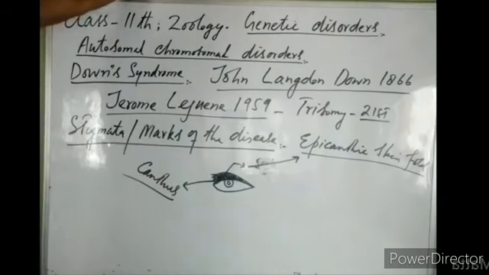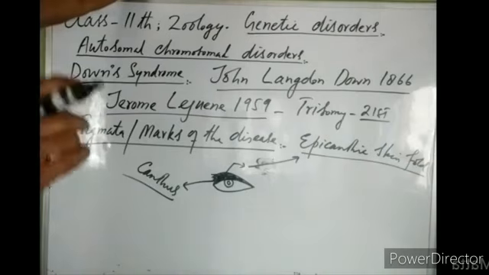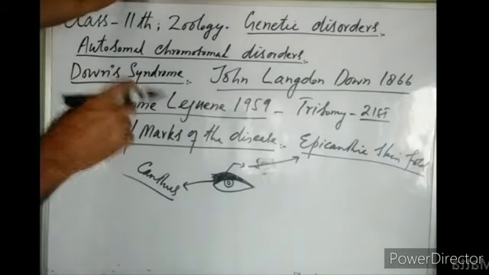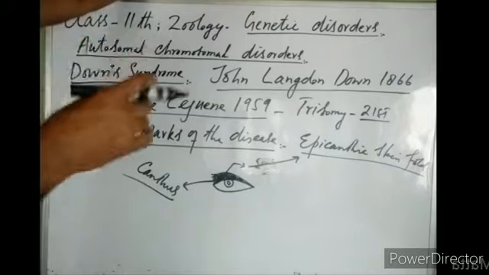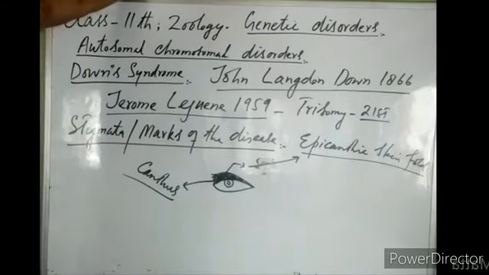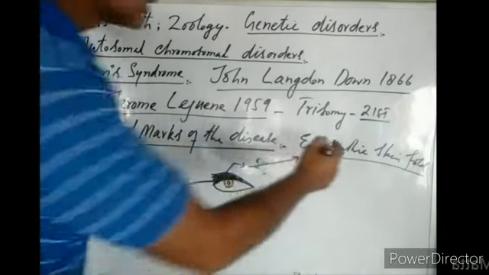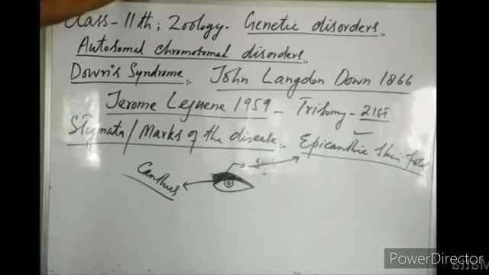So the first physical feature of these Down syndrome patients is the epicanthic skin fold. There is a fold of skin which covers the inner corner of the eye. The inner corner is the canthus, and the skin fold is present over it. That is why we call it epi. Epi means above. So it is present over the inner corner of the eye. This is the characteristic feature of Down syndrome, right?